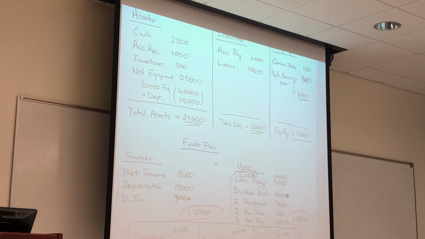Everyone knows where everything belongs. Like if someone was to say, is accounts receivable in which statement? We're gonna say balance sheet, right? But if they say increase in accounts receivable, we're gonna say funds flow. Right? Any questions on this?